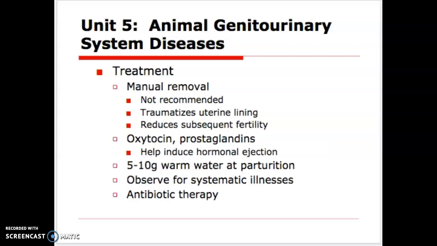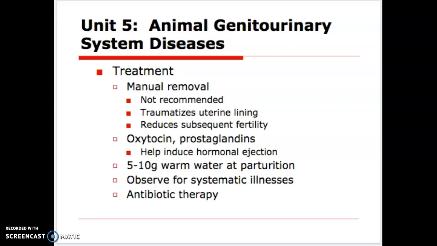Treatment options, again, one that is kind of an old school way of treating retained fetal membranes, you may have seen people out there do it, is simple manual removal. It's really not recommended because it can traumatize that uterine lining, and oftentimes then, of course, induces subsequent fertility problems.